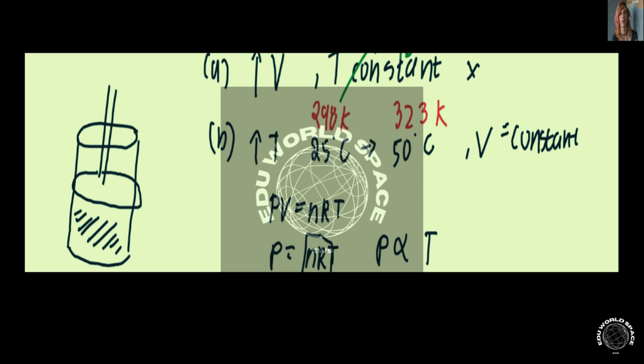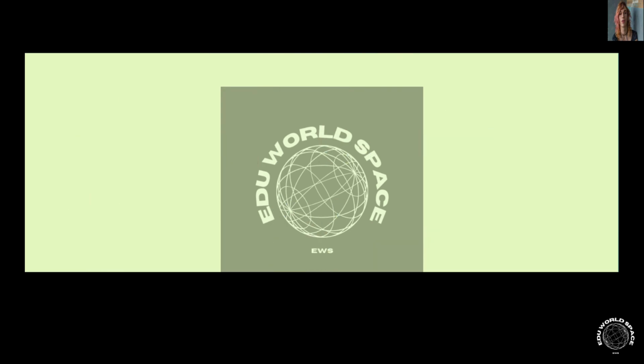So we are increasing our temperature, resulting in an increase in our pressure, because pressure is directly proportional to temperature, but we're not increasing it enough to double our pressure.